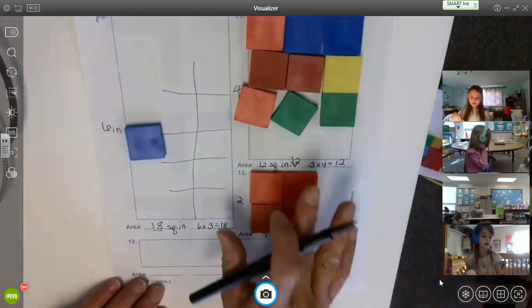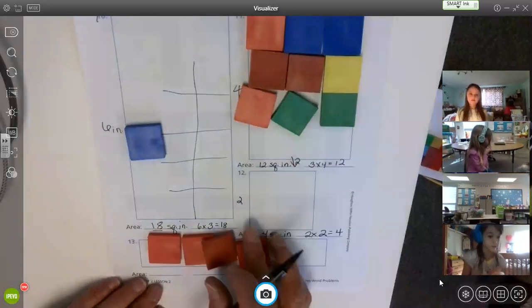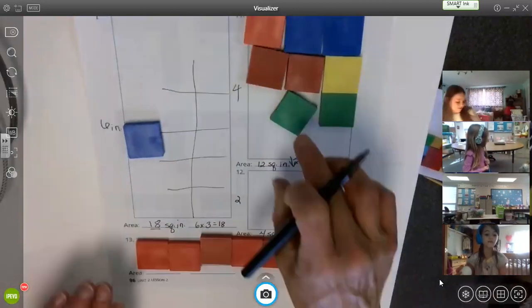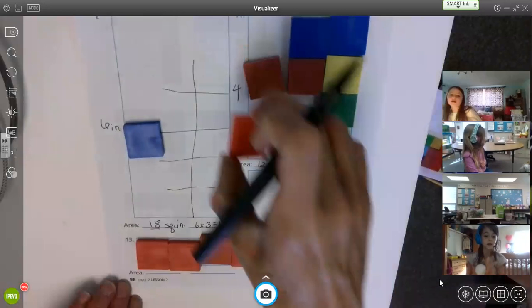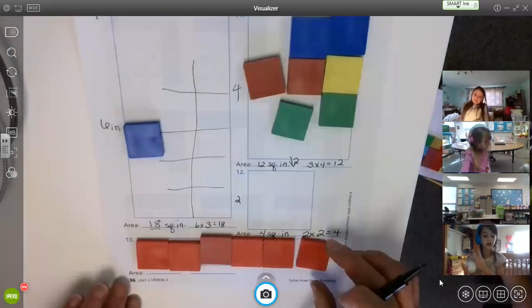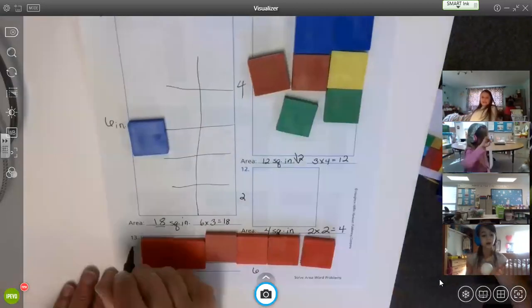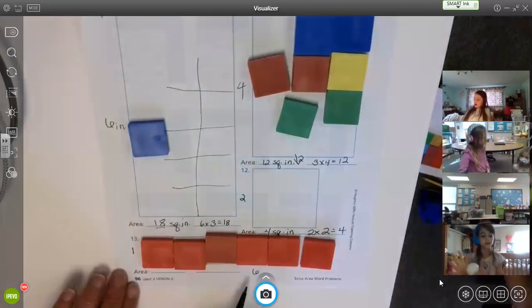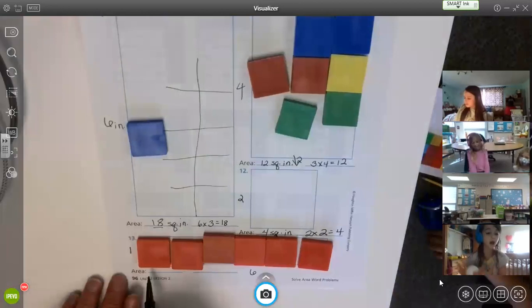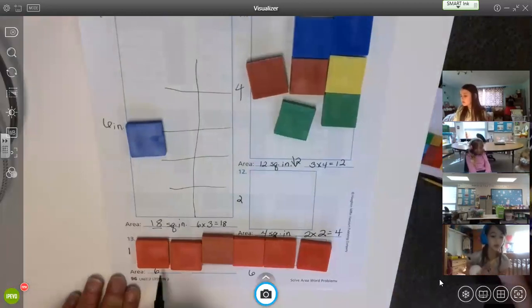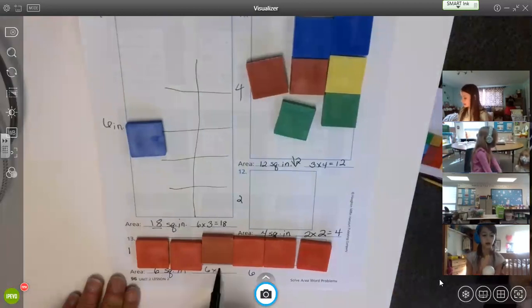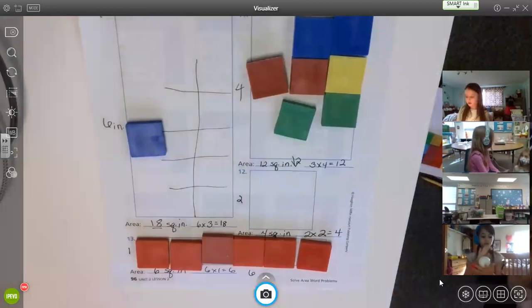And then last but not least, what did we get for this one, Madison? Okay, and what was the area? Excellent. So you could count them or you could use multiplication.